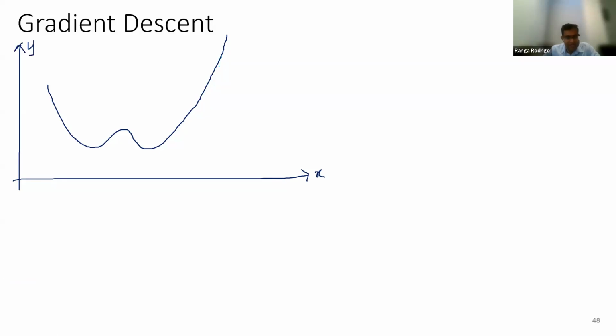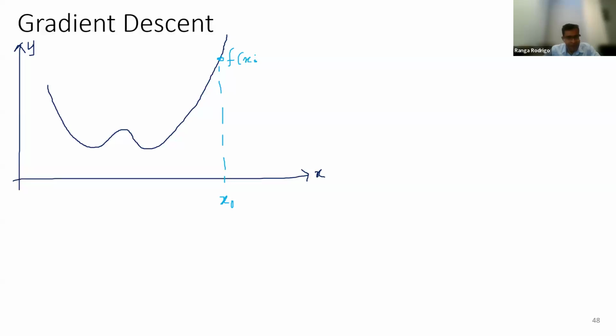So let's consider this as my x naught. That's x naught. So the value of the function at x naught is, of course, this value, and we call it f(x naught), the value of the function at x naught.